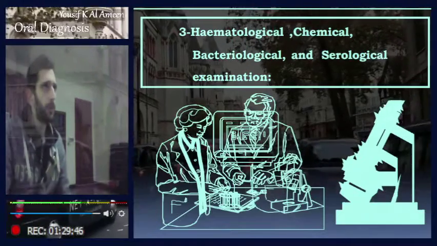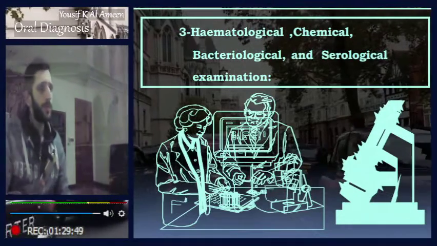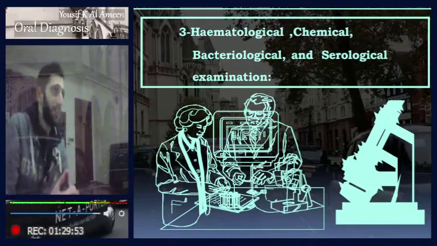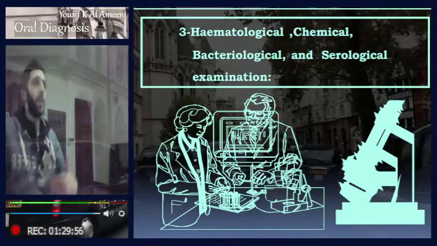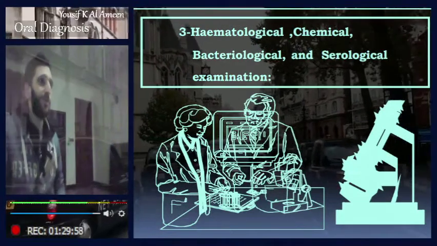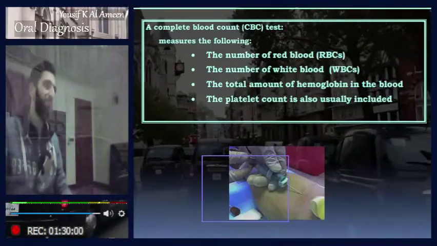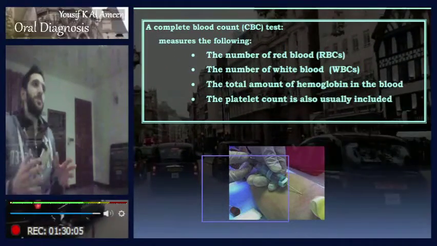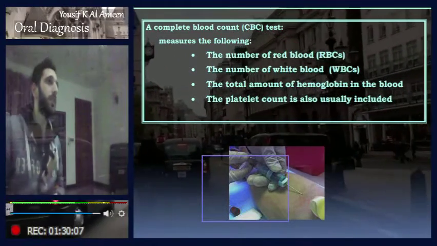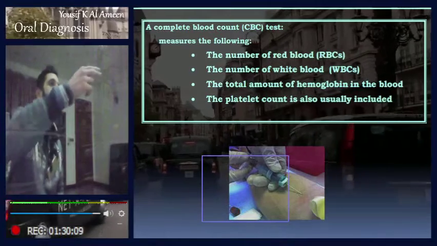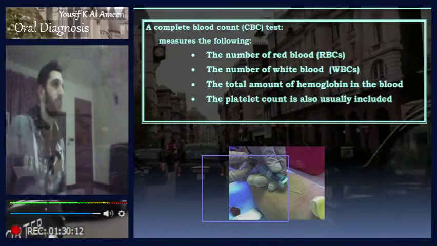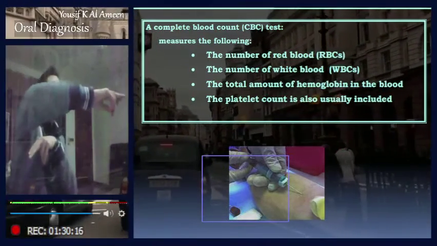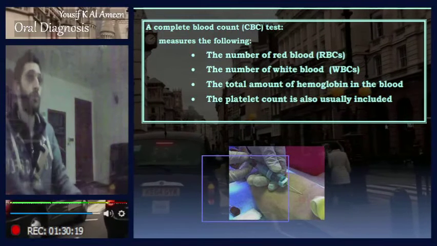We have here some mention of hematological, chemical, bacteriological, and serological examination. A complete blood count (CBC) test measures the number of red blood cells, the number of white blood cells, the total amount of hemoglobin in the body, and the platelet count is also usually included.